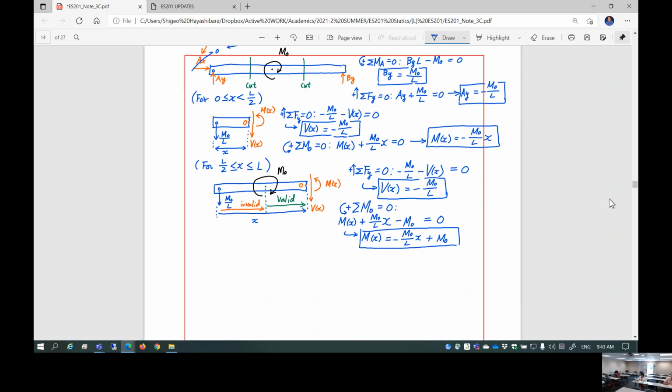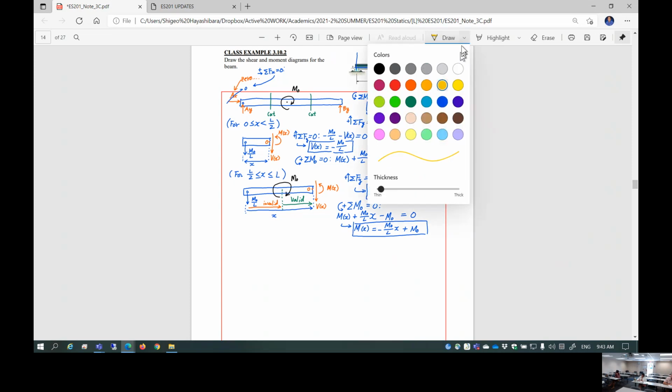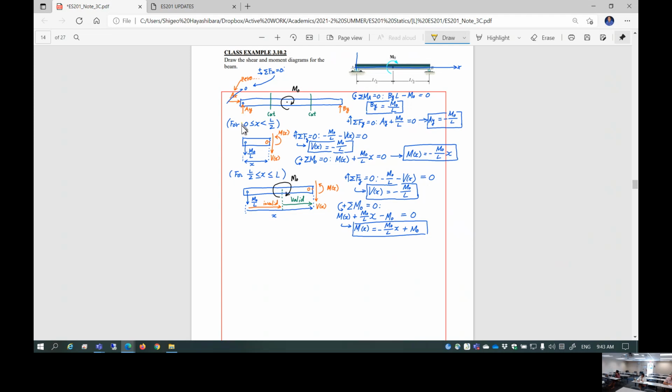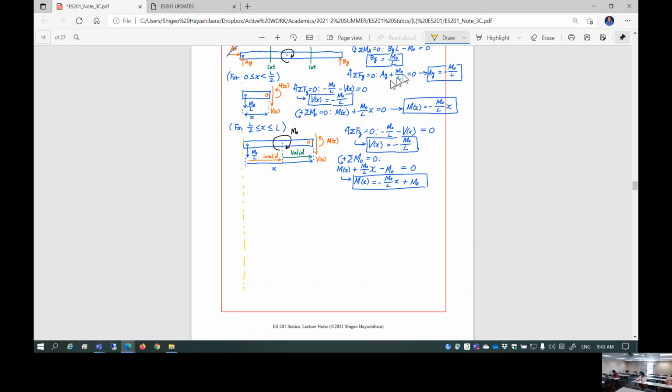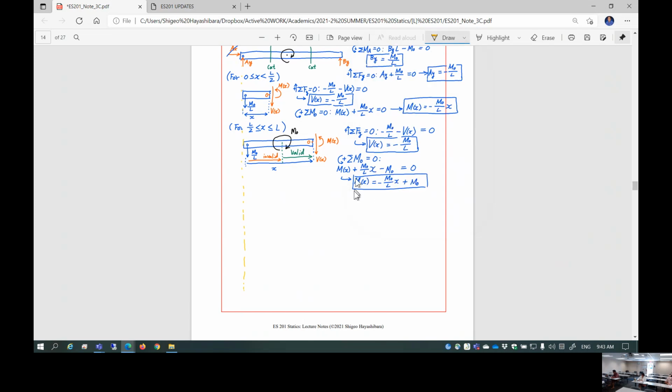Let me just zoom out a little bit. And I'm going to construct the diagram. And then first of all, the shear diagram. This is x, this is shear.